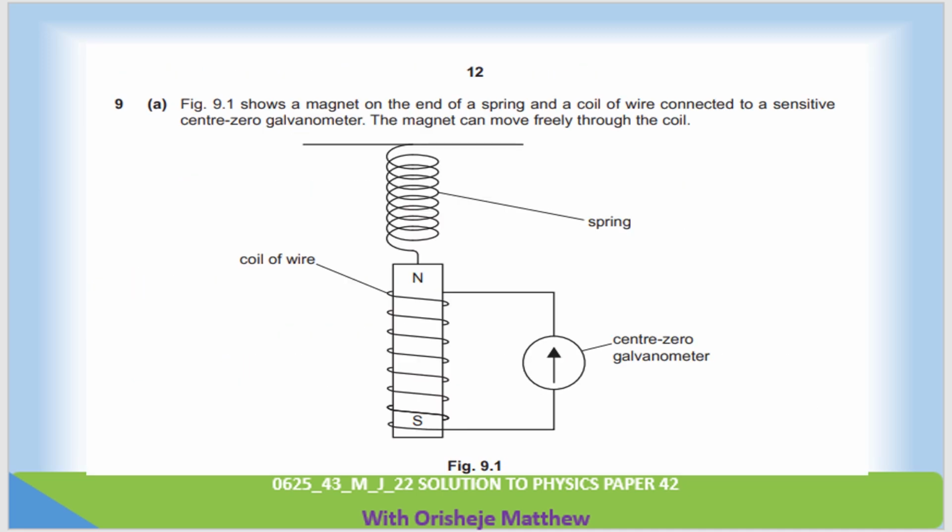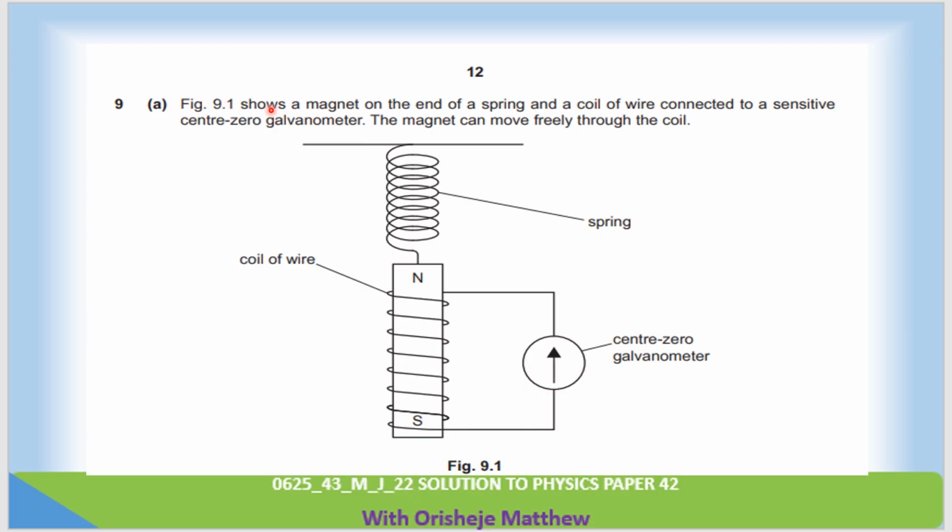So let's go to the next question, number 9. Question number 9 had to do with magnetism. So you have a spring, you have a galvanometer, you have the coil, and then the spring is oscillating in the solenoid of the galvanometer.